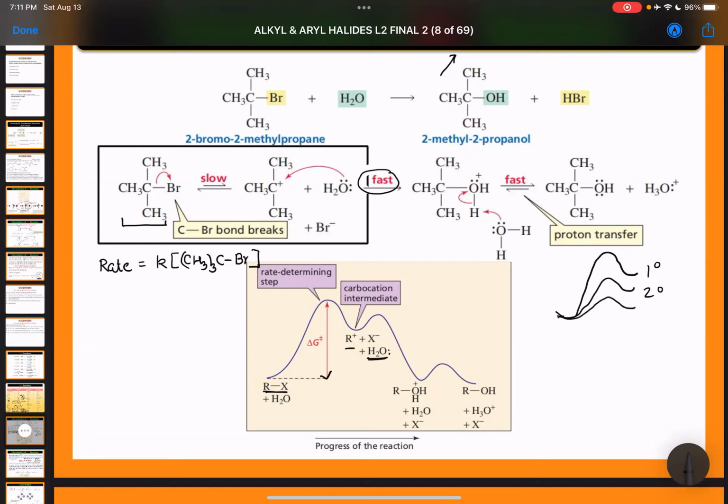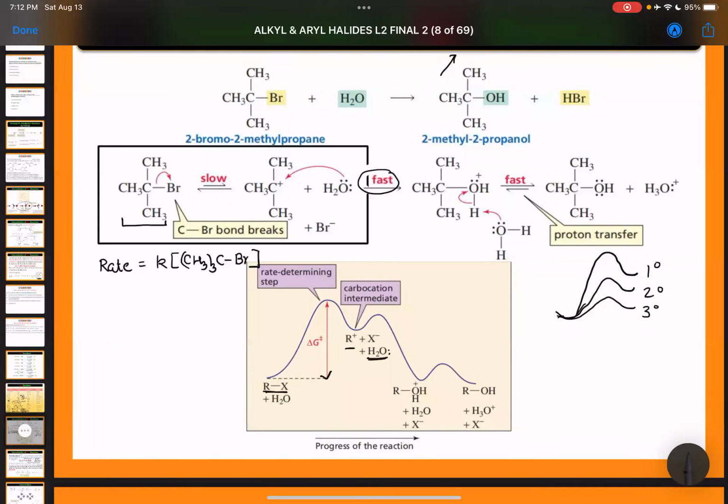And if you have a tertiary alkyl group, it is going to form the carbocation very quickly, because it has 3 alkyl groups and the carbocation is stabilized by hyperconjugation. It has 9 alpha hydrogens, and the inductive effect. The carbocation can form very easily.